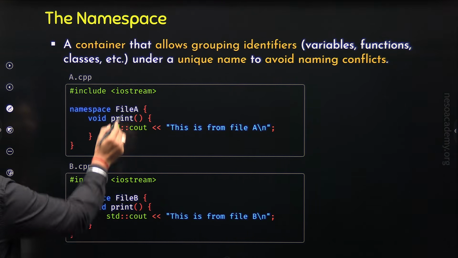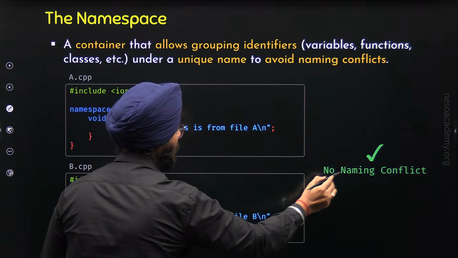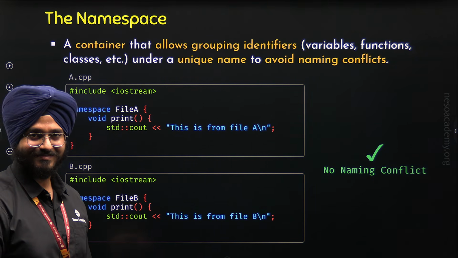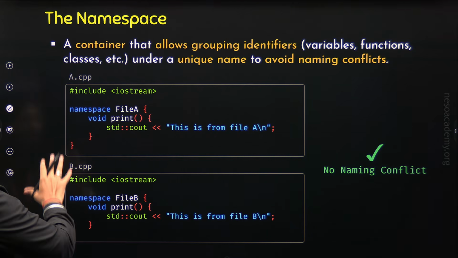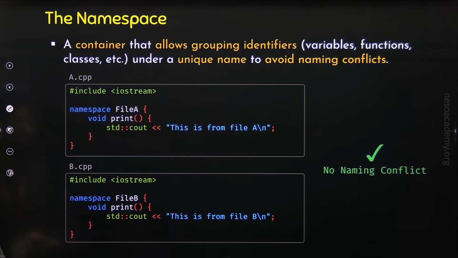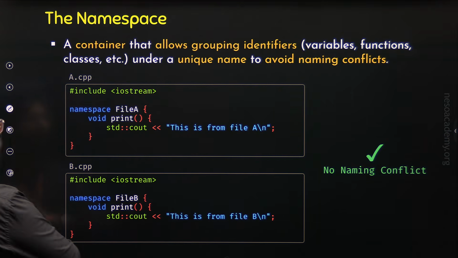And we can observe these namespaces are unique, therefore, there is no naming conflict. I hope this is clear to you. This means the linker would be able to combine the equivalent object files and is capable of producing an executable file from them. Therefore, there will be no problem at all.